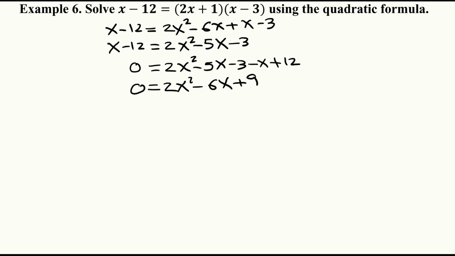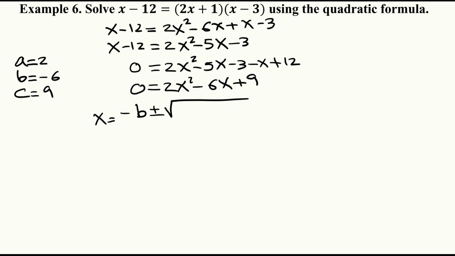Okay, so now we're in the proper format. We're ready to go ahead and plug into the quadratic formula as soon as we determine a, b, and c. So we can see here a is 2, b is negative 6, and c is 9. So we go ahead and write down our quadratic formula always as is without any substitution to begin with.